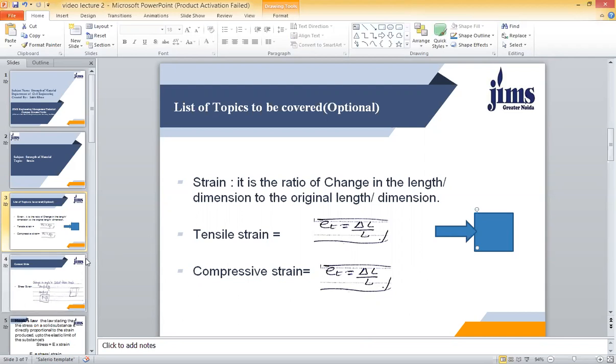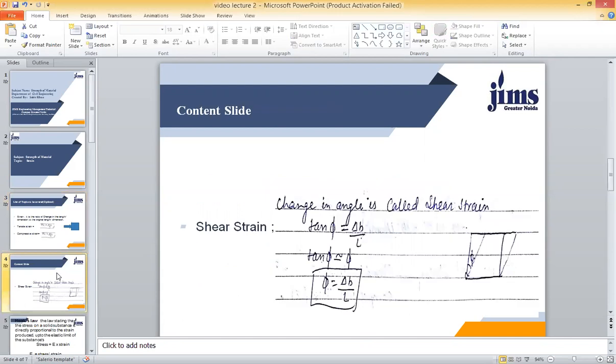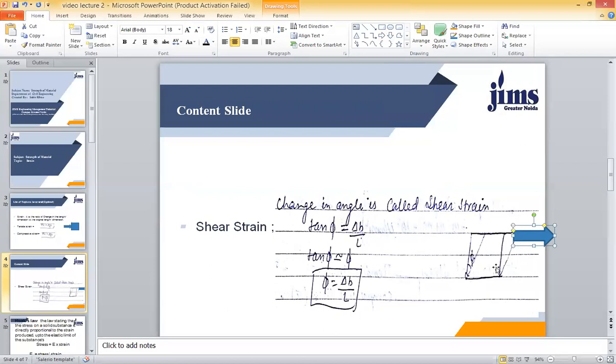now I'm talking about the second part, that is shear strain. So what is shear strain? If on this block I apply any force on this structure parallel to the surface. Okay, one second.